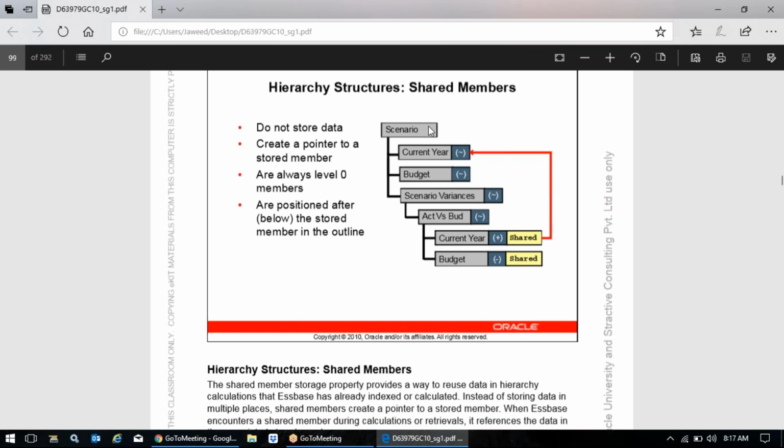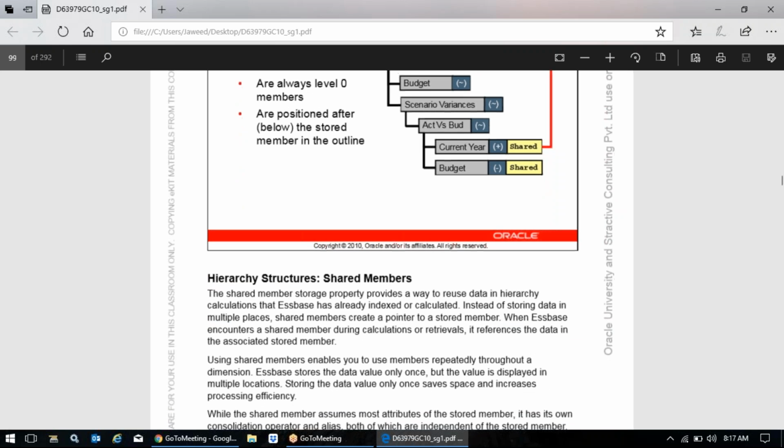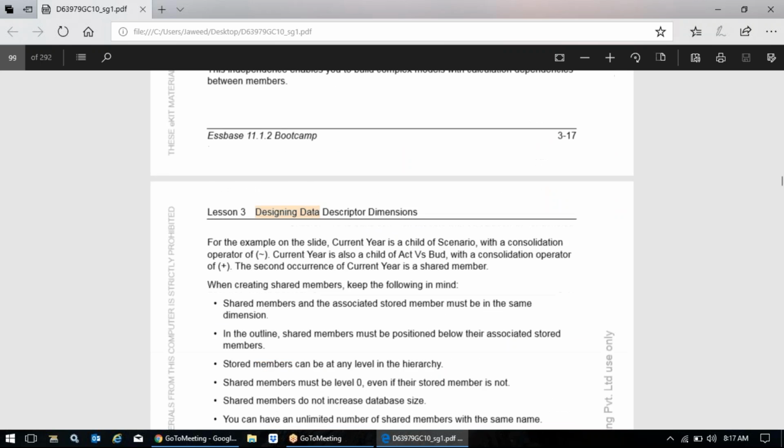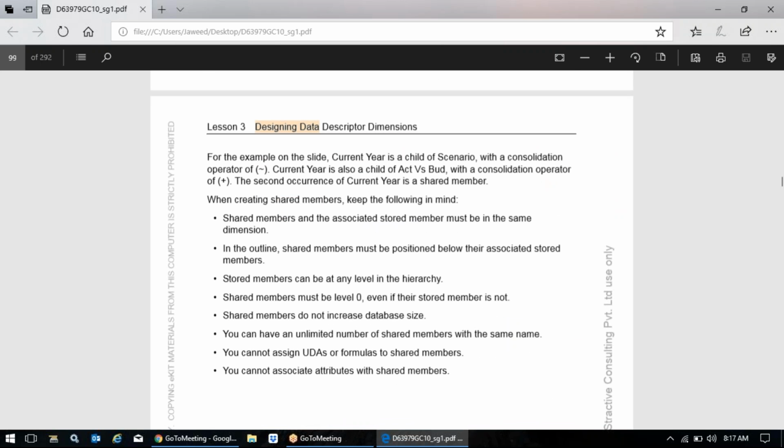Okay. Now it's clear. Yeah, and then there is budget, which you're reusing again. So you will map it with budget. Instead of storing it multiple times, you just create a member as a shared member, and then you map it with the source.